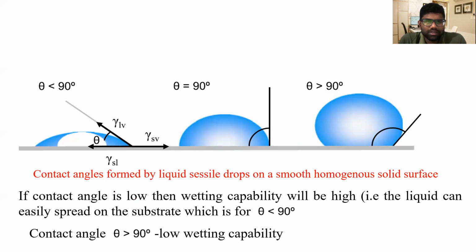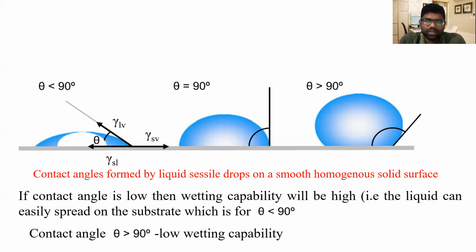So you can see sessile drops on a smooth homogeneous solid surface. Always we are going to work on a homogeneous solid surface. Homogeneous means the surface is similar throughout the area of interest.